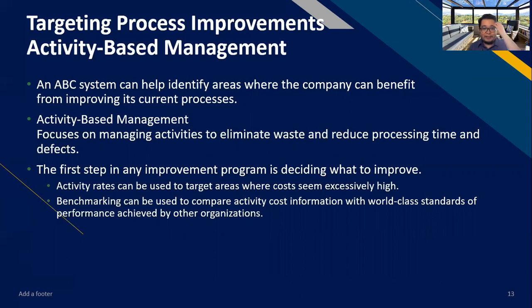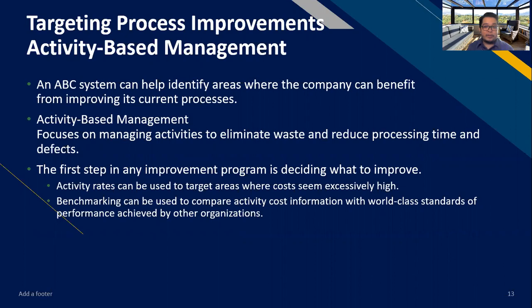So it's difficult to monitor which activity is being overspent or not. But with activity-based costing, you can monitor the different activities that drive the overhead costs of products, and therefore it's easier to target process improvements.